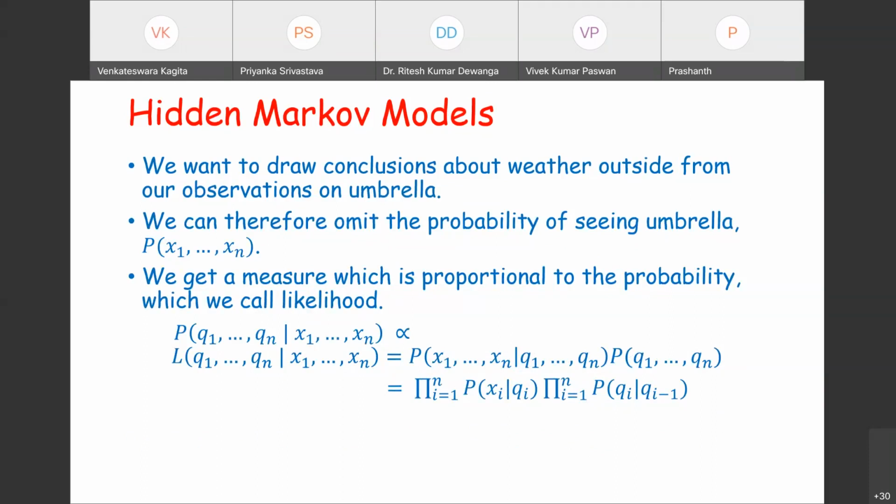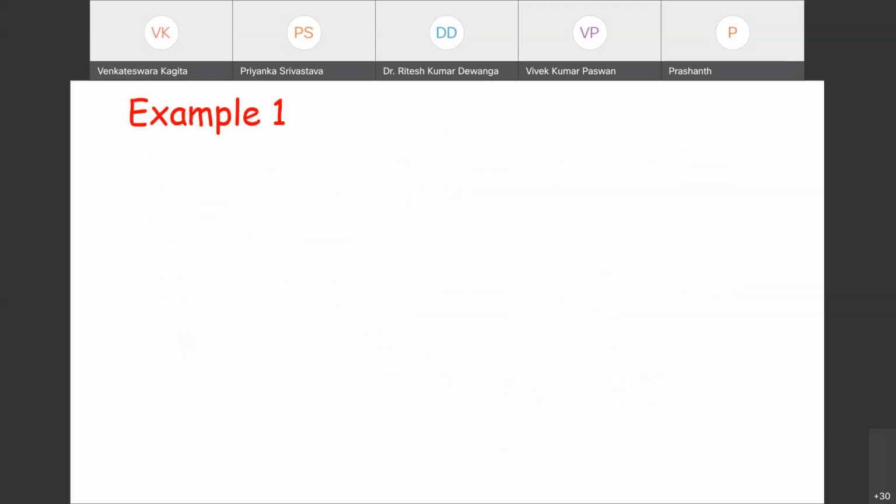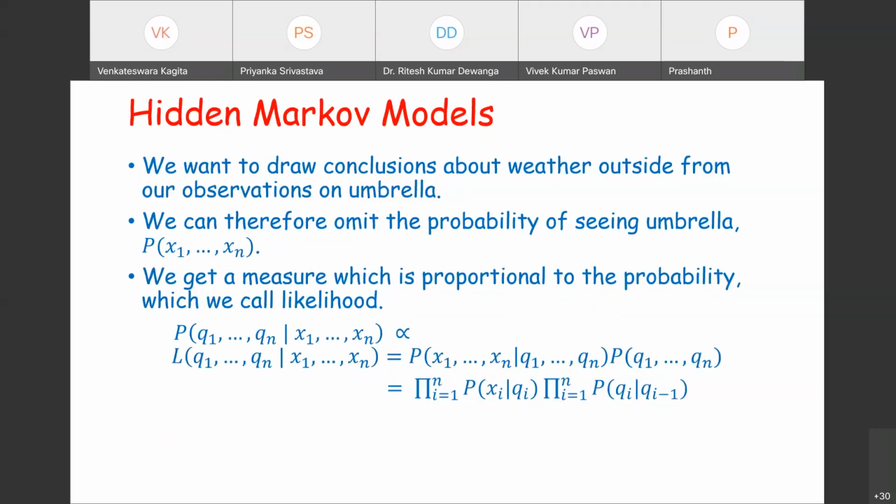We are ignoring this denominator term because we want to draw conclusions based on our observations. So the probability is proportional to the likelihood, ignoring the denominator, and the numerator part is this.